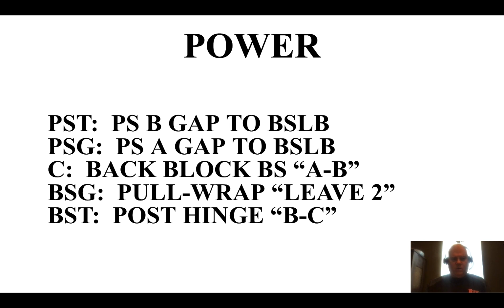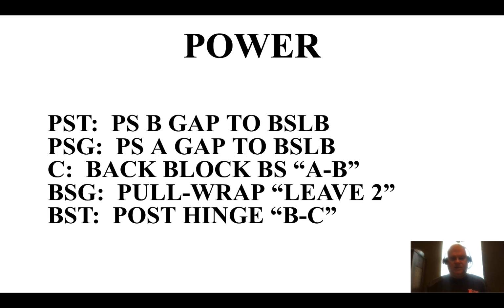Well, our power play side tackle is play side B gap to backside linebacker. If there's a Mike, the tackle would take him first in a stack, and you will see this in examples in a few minutes. Play side guard will take the play side A gap to backside linebacker. The center back blocks backside AB.